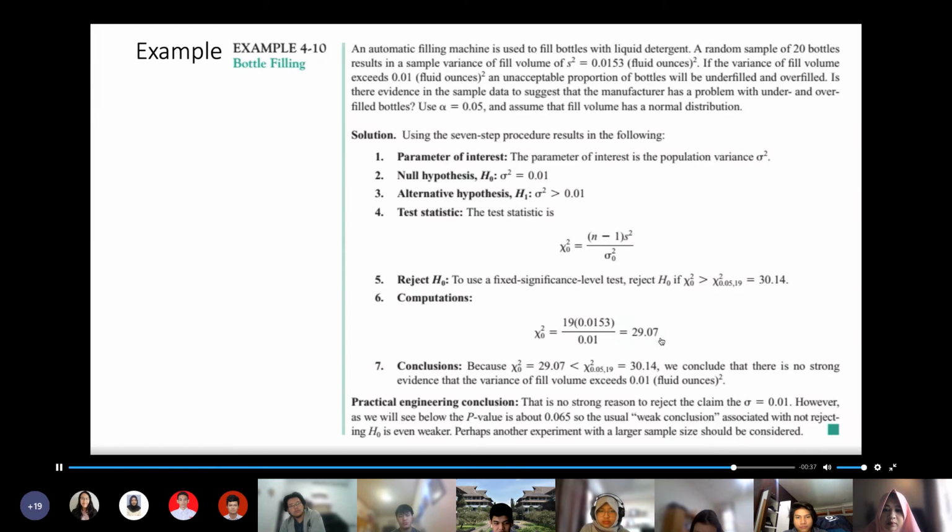Because our calculated chi-square is less than the critical chi-square, our calculation lies in the non-rejection region. However, because the value is pretty close, we conclude that there is no strong evidence that the variance of fill volume exceeds 0.01.